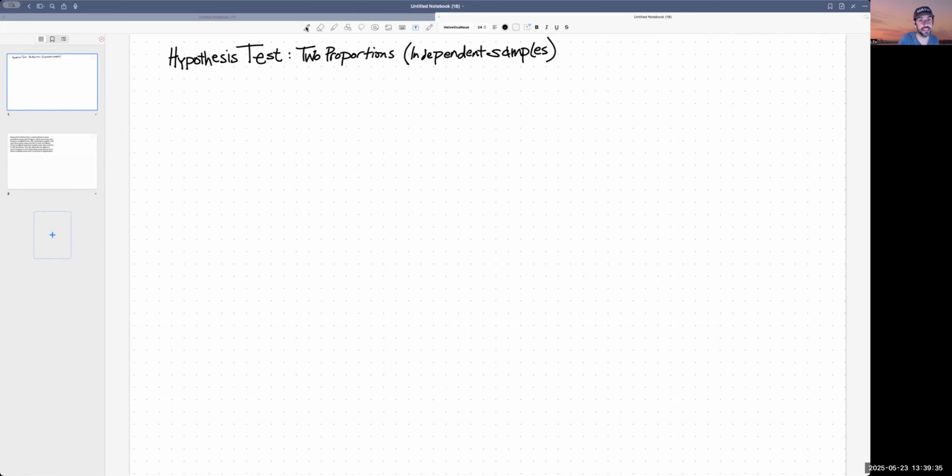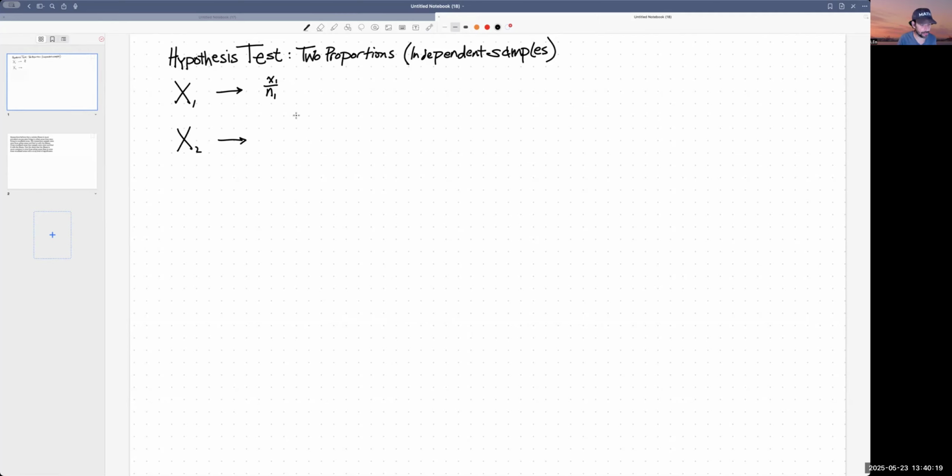And so as before, the idea is we have two populations underlying the problem. I'm calling them X1 and X2. And we go out and sample these populations and compute a proportion. So if you sampled a certain number of people from this population, let's say N1, and the number of people with whatever characteristic you were asking about, with cell phones or with red hair or whatever you're studying, we'll call that X1.